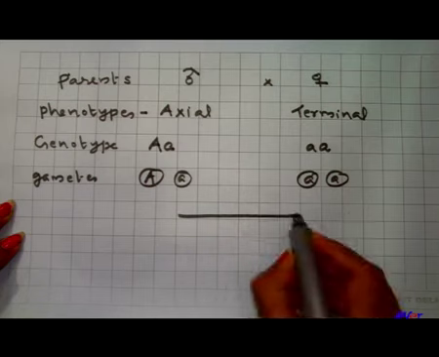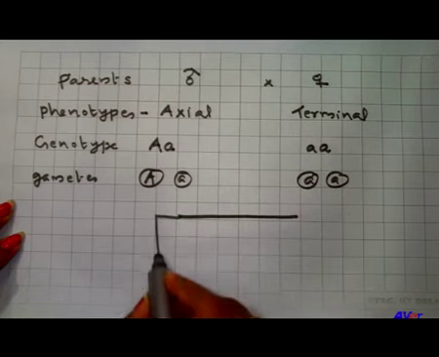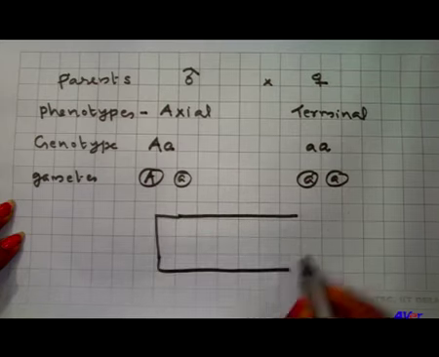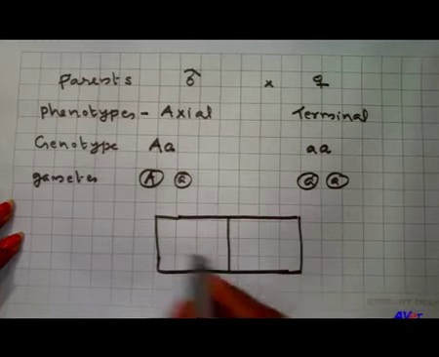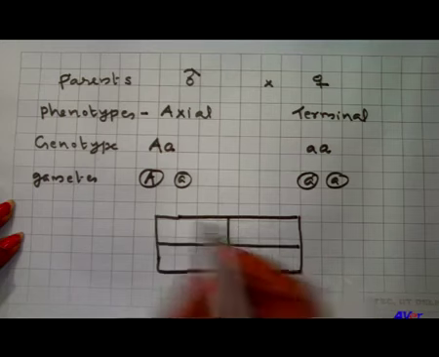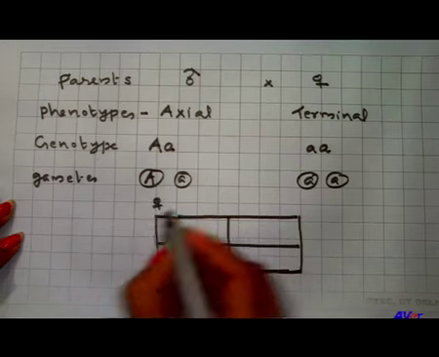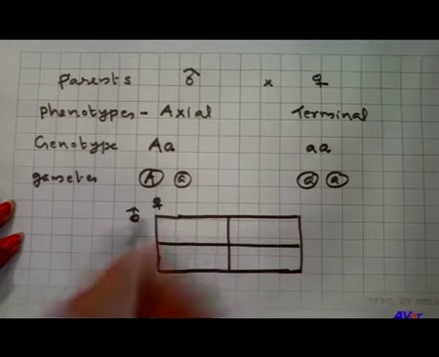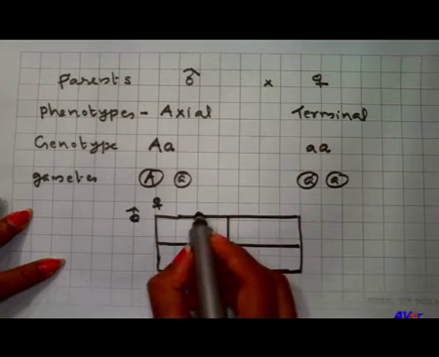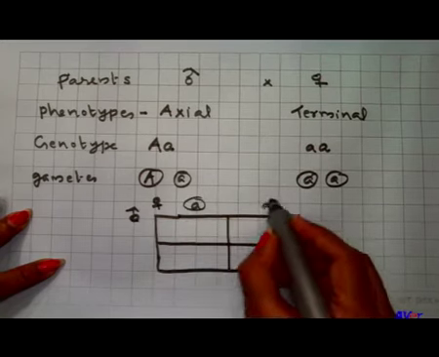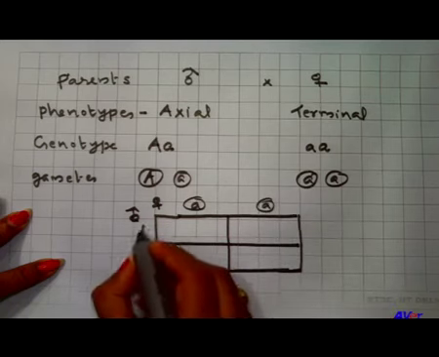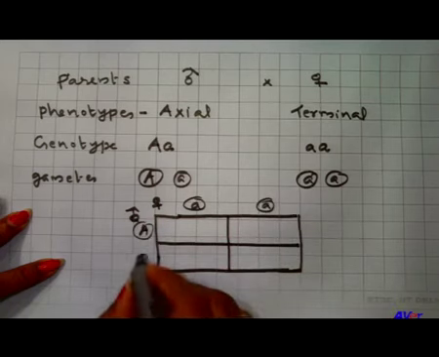Now, we have to show this union of gametes and production of progenies using the Punnett's square. Here we will write the female gamete small a and here also small a. This is capital A, here it is small a.